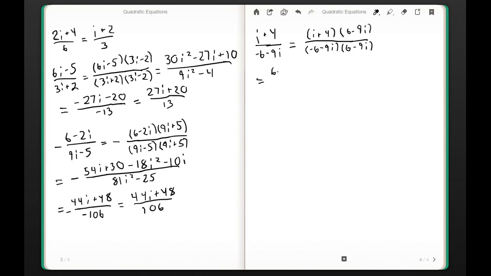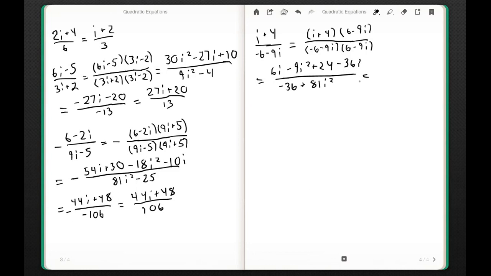Here we have 6i minus 9i squared plus 24 minus 36i over negative 36 plus 54i minus 54i plus 81i squared. If you do it right, there are no i's left in the denominator.